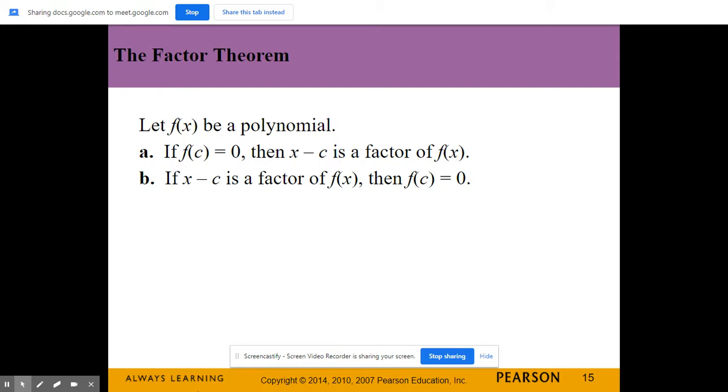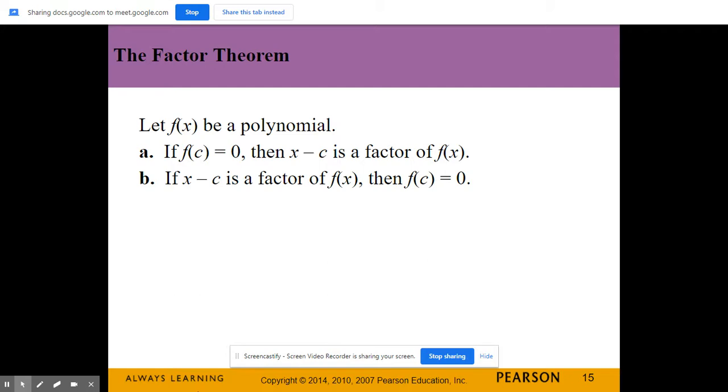So the factor theorem states if f of x is a polynomial, and if f of c equals 0, then x minus c is a factor of f of x, meaning if something has no remainder, then it is a factor. This is looping in the remainder theorem, right?